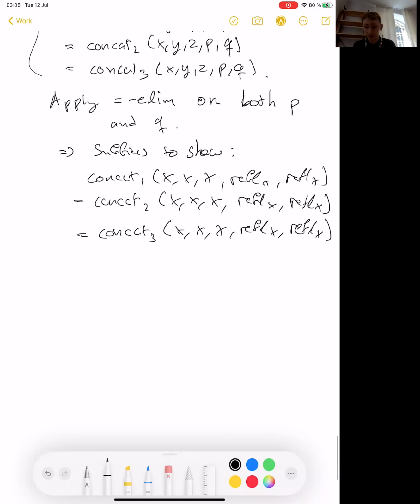But now we can use the computation rule, right? So what was the definition of concat 1?